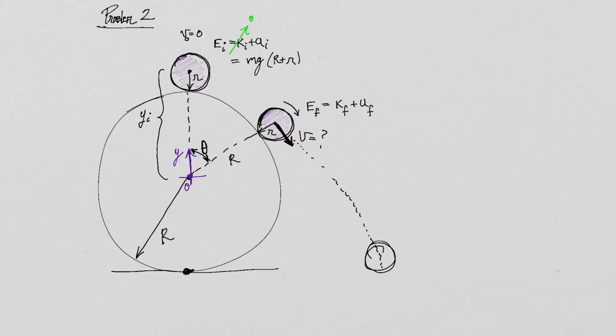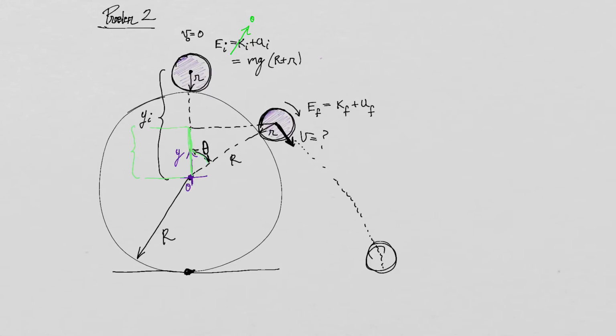Then to calculate the potential energy in the final state, I need the distance that I will outline here in kind of green. I need this distance right here. Right? But I think you can see that that distance isn't so hard to calculate, because if we use a little trigonometry, this side of the triangle is adjacent to the angle theta, and the hypotenuse is right here.